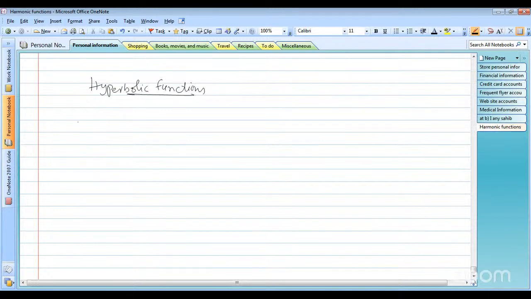So what is the real hyperbolic function definition we are taking here? The complex hyperbolic functions we take are the functions cos h and sin h.